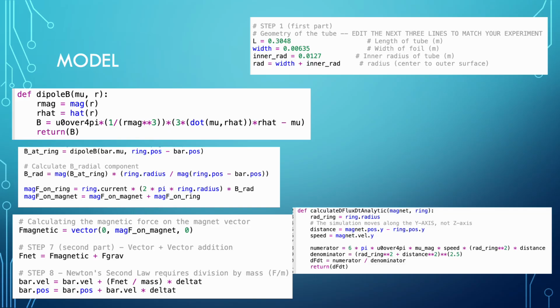We also needed to determine our forces on the ring, and once we had done that, we needed to use Newton's second law to determine how this changes over time, and that created our model.